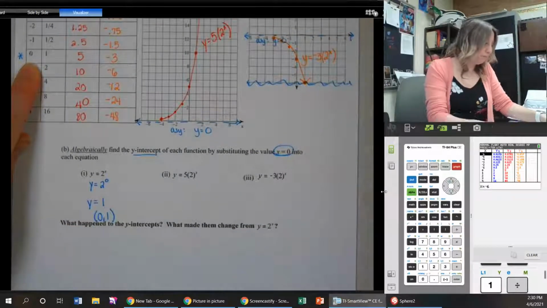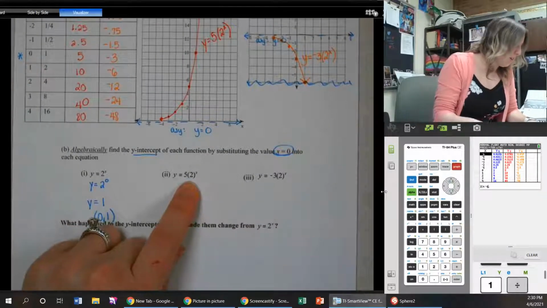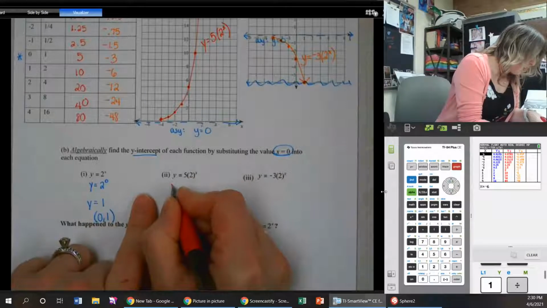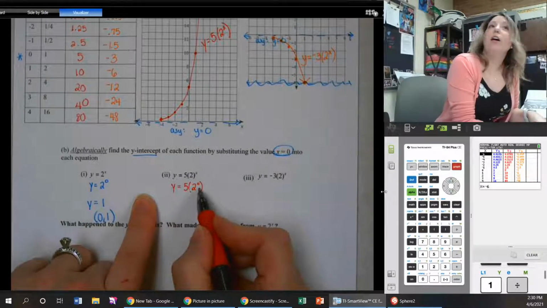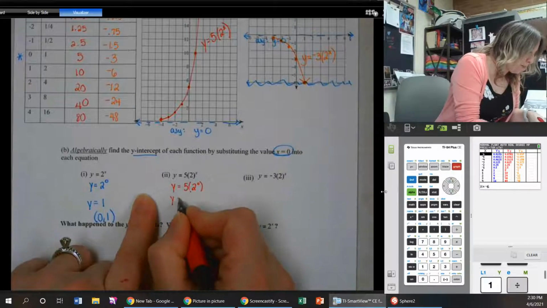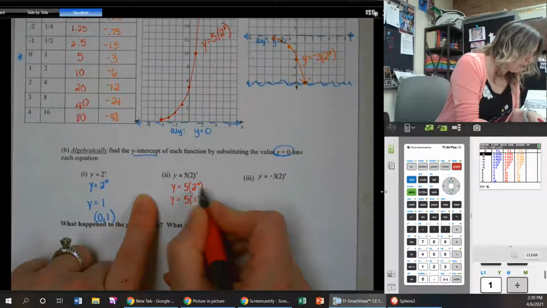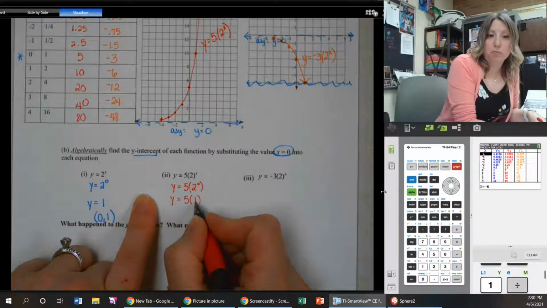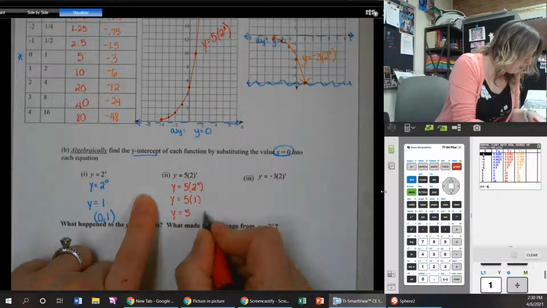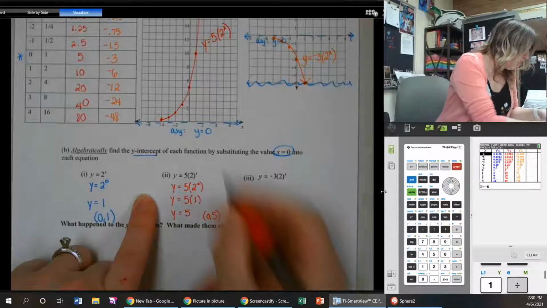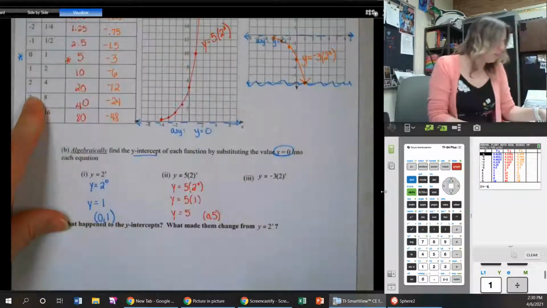Now let's do it here with the red one. So y equals 5 times 2 to the 0 power. Well, anything to the 0 power is 1, but don't forget, now you've got this 5 out here. So the 2 to the 0 power becomes the 1. 5 times 1 is 5. Guess what this one is? 0, 5. And oh, look, 0, 5.